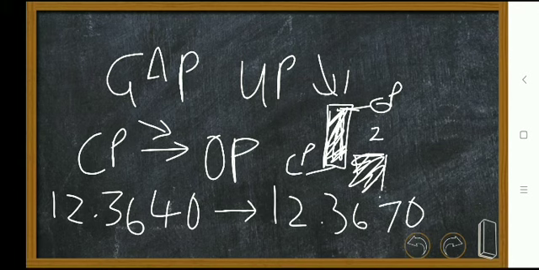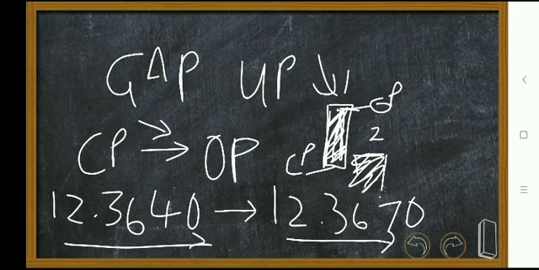So you can see that price has increased. It has jumped up. This is what we call a gap up. If you do the calculation, price has gapped by 30 pips. It means price has gone up. The opening price is higher than the closing price. So this is a gap of 30 pips.